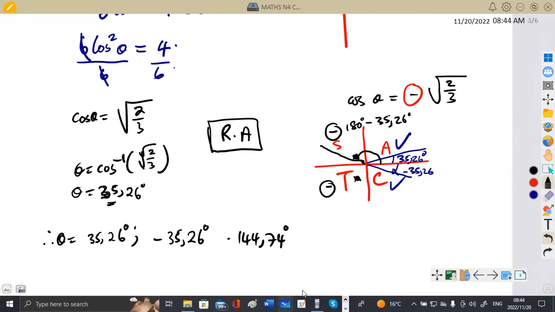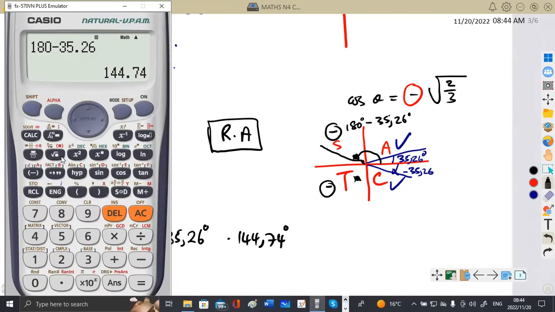So we can actually just cross-check with the negative. Let's just prove the last one. The square root of 2 over 3 is something like 0.816, or negative. I just want to prove if it was negative 144.74, was it going to give us the same answer, negative 0.816?